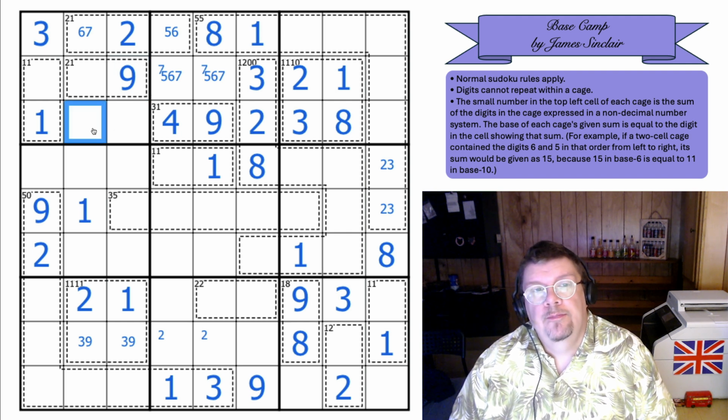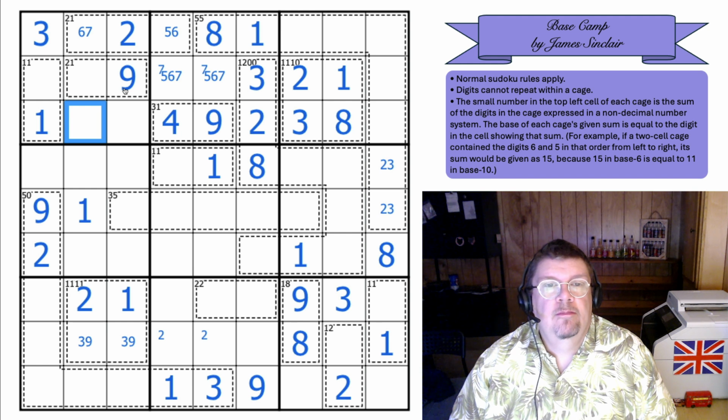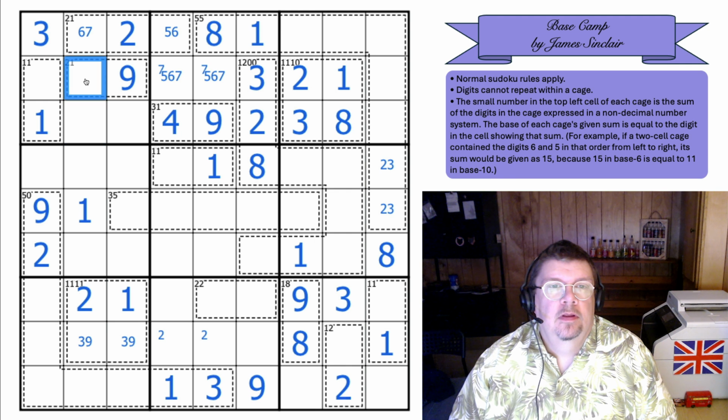So now we have some value minus 9 is going to lead to this digit. So this can't be a 7 by Sudoku.